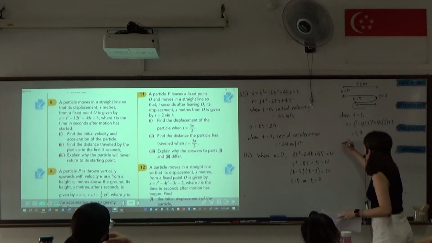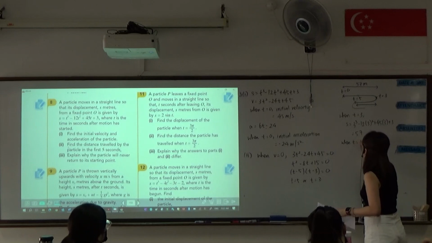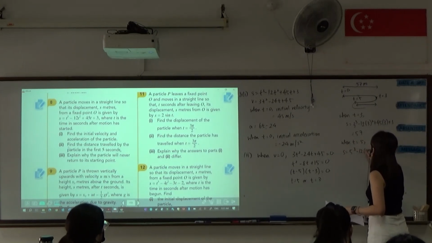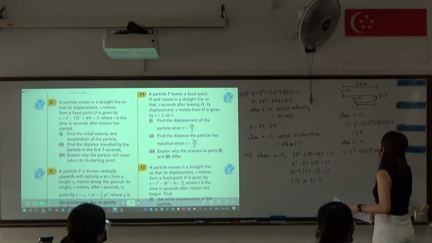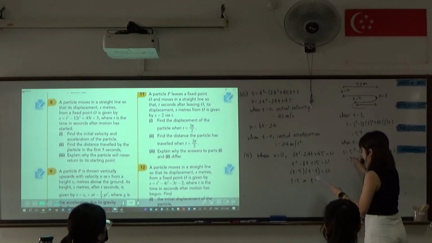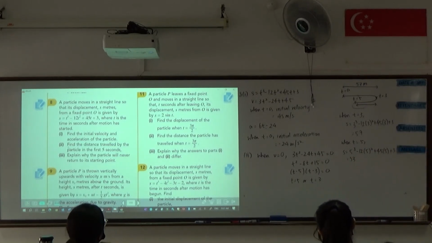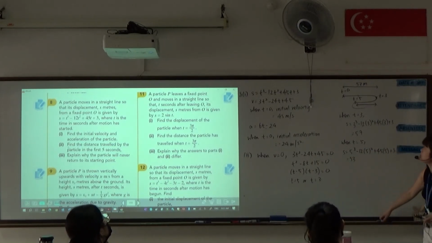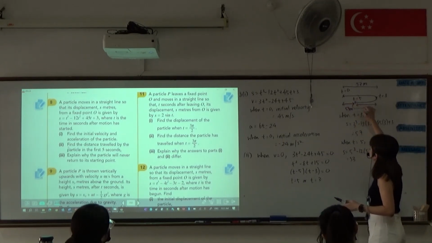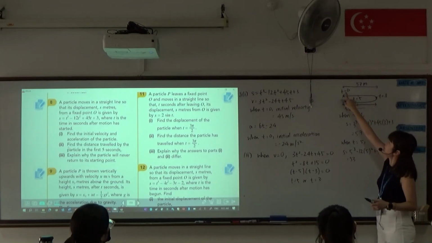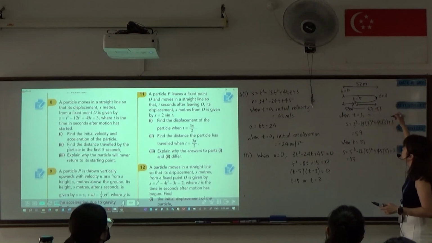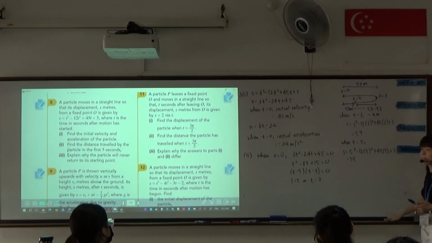And then when t is equal to 5, that will give us 53. So this displacement of 53 refers to this displacement here. To find out what this is, it will have to be 57 minus 53, and that will give us 4 meters.